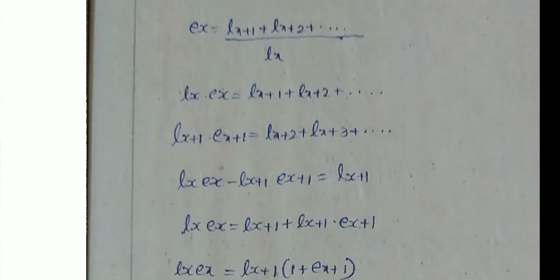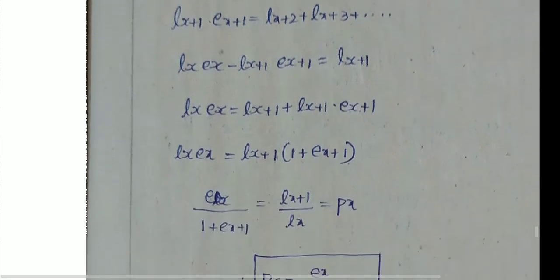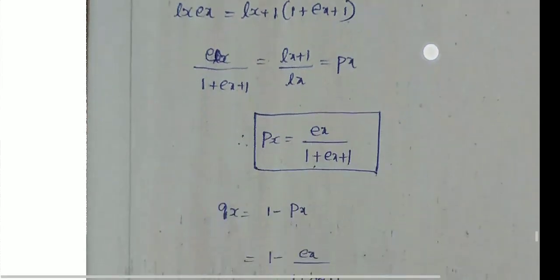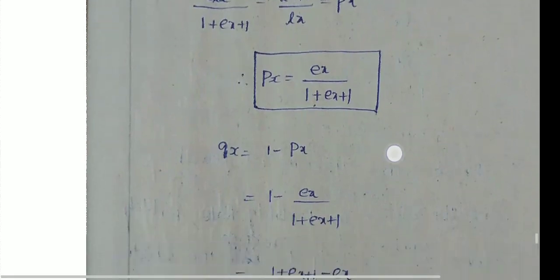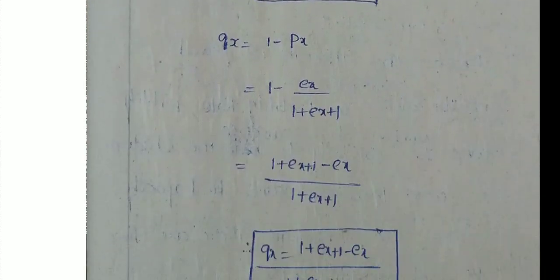So we get lx+1 into e_x+1 is equal to lx+2 plus lx+3, and so on. From these two equations, subtracting the two equations, we get lx into e_x is equal to this, and by cross multiplying we get p_x is equal to e_x by 1 plus e_x+1. And q_x, you know, is 1 minus p_x. By substituting that and simplifying, we will get the answer.